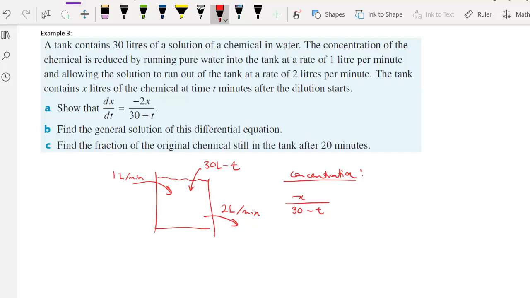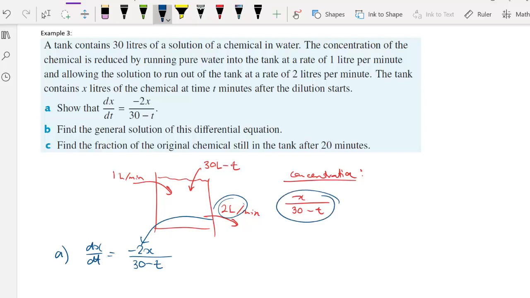So it's a combination of this -2 and our concentration. So we can say pretty much straight away that dx/dt is equal to -2x over 30 - t.